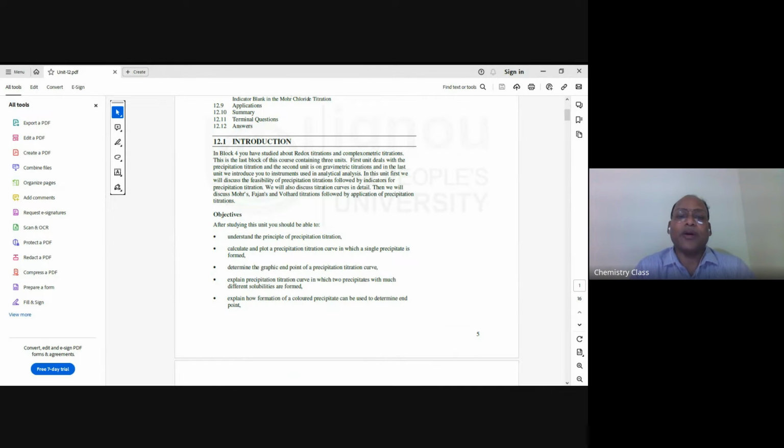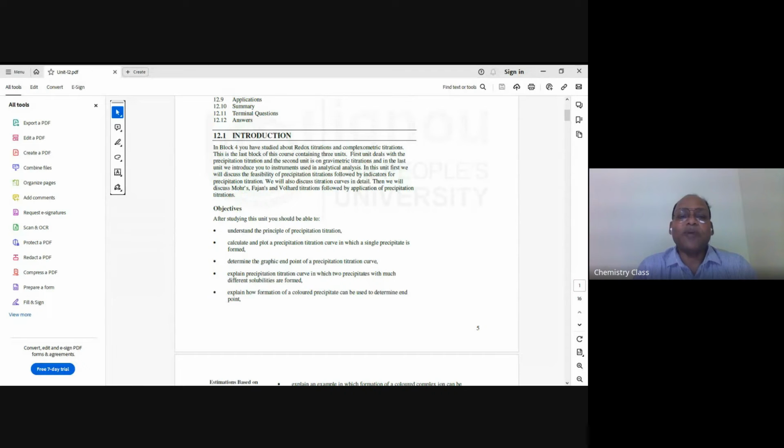If we go through redox titration and complexometric titration, there are so many things. We shall discuss titration curves in detail. Then we'll discuss Mohr's, Fajans' and Volhard's titrations, followed by applications of precipitation. Mohr titration, Fajans titration and Volhard titration, all these 3 titrations are most important.